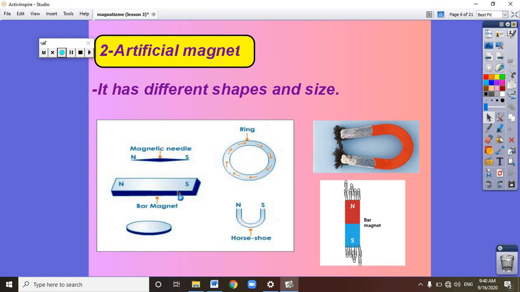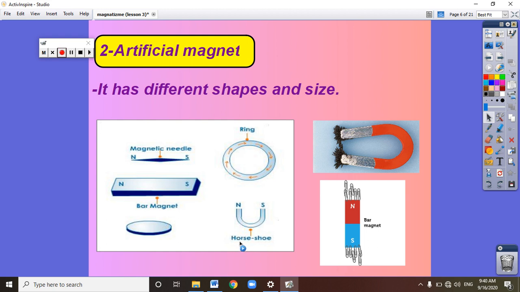It's like a bar of chocolate, so we named it bar. Bar magnet. Ring magnet. It's like a ring. And this one, horseshoe magnet or U-shaped magnet.